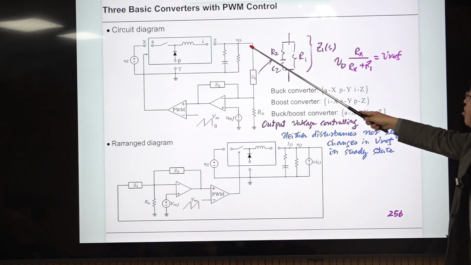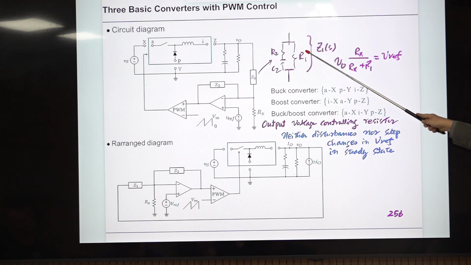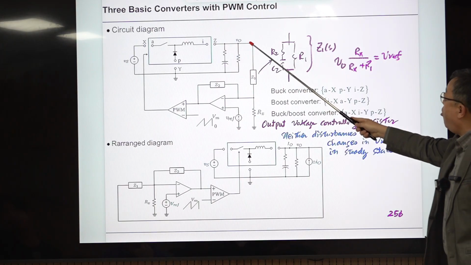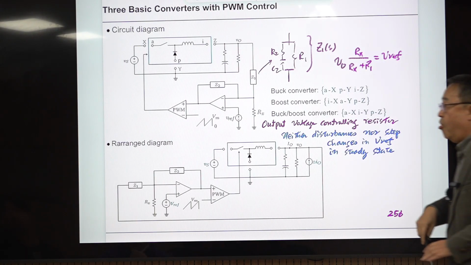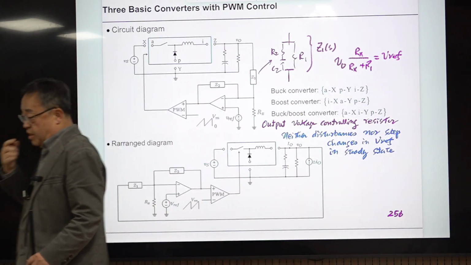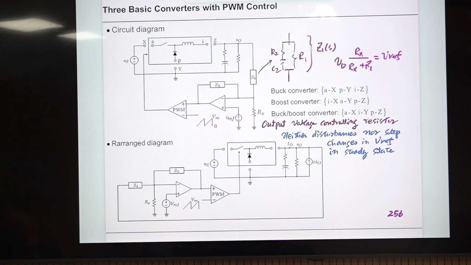But there are two choices of controlling this output voltage. One is you adjust this one, because there is a relationship between this V reference and our voltage, which is here. There is the equation relating our voltage and the reference voltage.